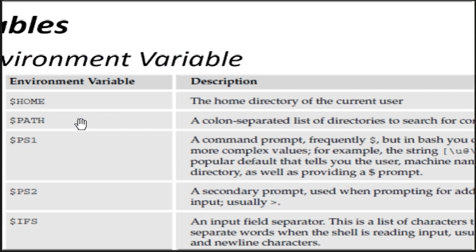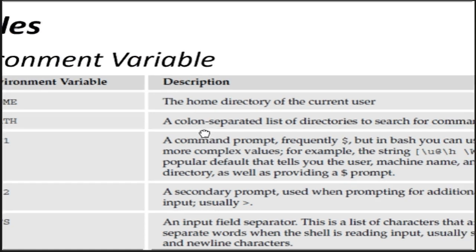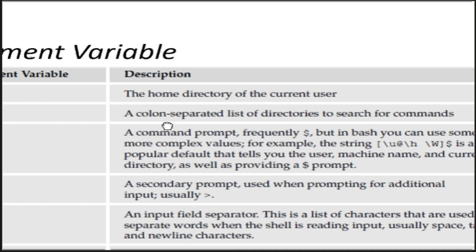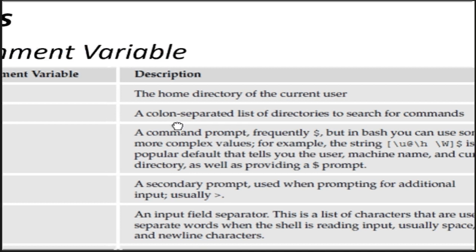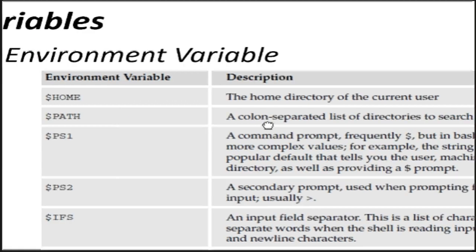There $PATH is an environment variable which is a colon-separated list of directories to search for commands. In the Windows operating system, the list of directory paths is separated with a semicolon, but in Linux it is separated with a colon.